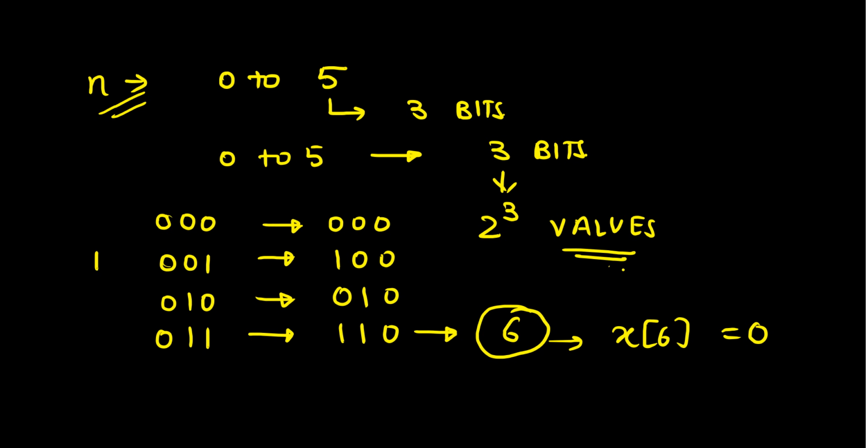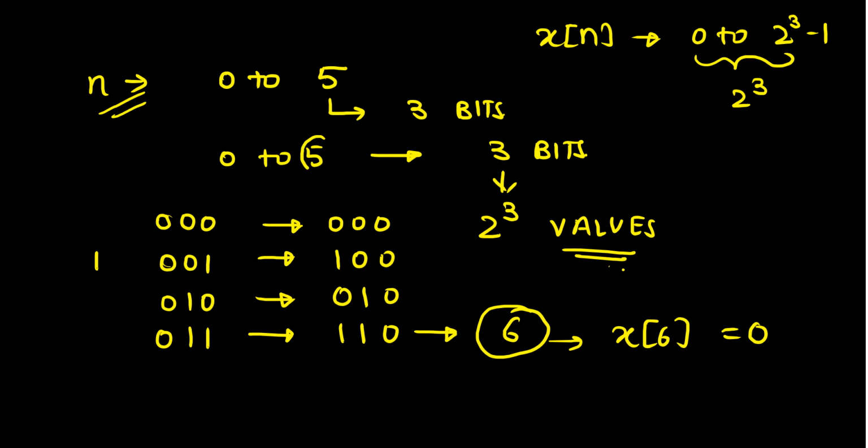Now if we need to substitute it as 0, we need to consider the value of x of n for a range of 0 to 2 to the power 3 minus 1, that is, a total of 2 to the power 3 values of x of n should be considered. So what I mean to say here is that the minimum number of bits required to represent the highest value of this argument, that is 5, is to be seen, and accordingly the value of n is to be considered.